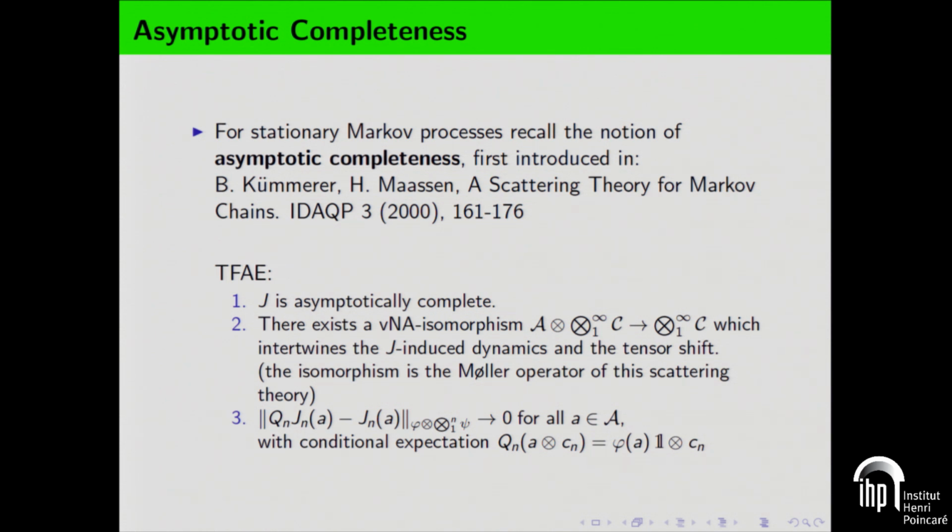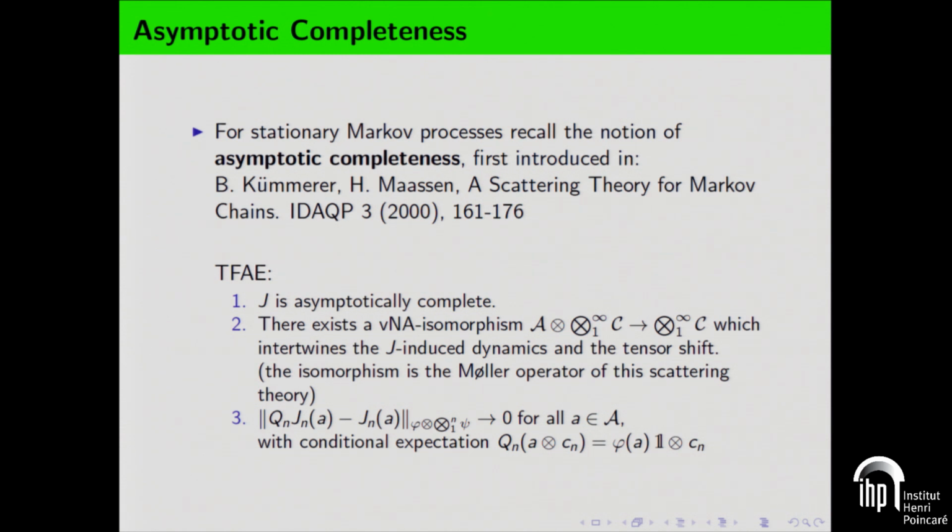Namely, the assertion is that you have an isomorphism of von Neumann algebras, A tensor infinite tensor product of C's, always von Neumann tensor products, which we have here, to the infinite tensor product of C's, which intertwines the dynamics on the left algebra, which is induced by J, and the tensor shift on the right.